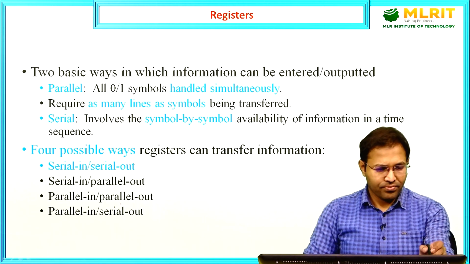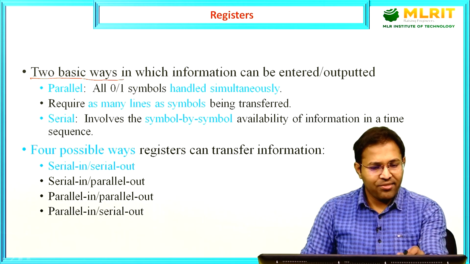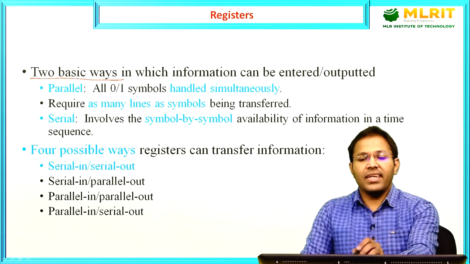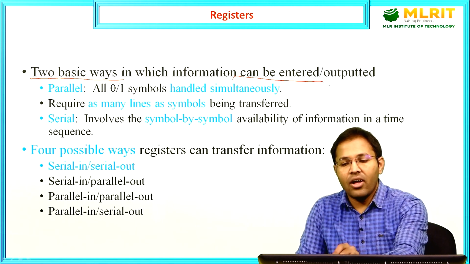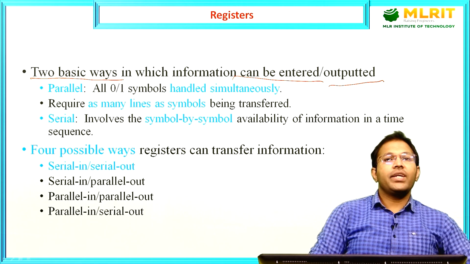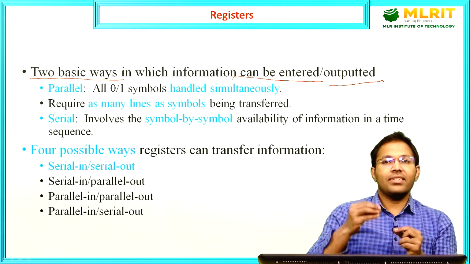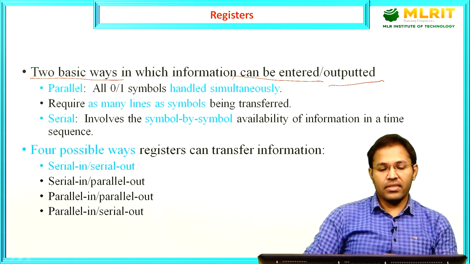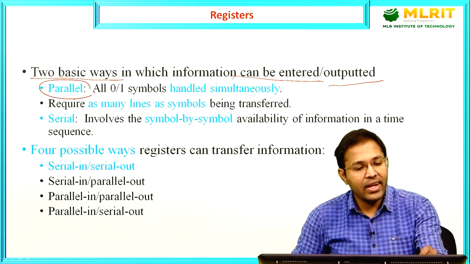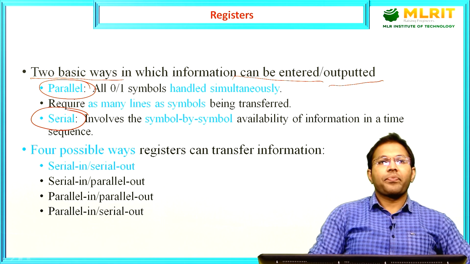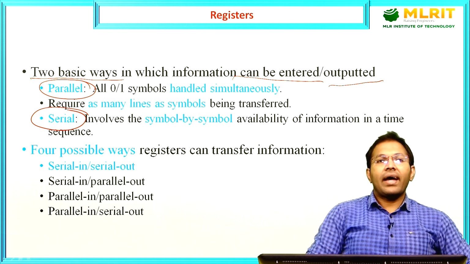Now, there are two basic ways in which information can be entered into or outputted from a register. There are two ways in which you can enter the information or take out the information. First one is parallel, second one is serial. What do you mean by parallel?